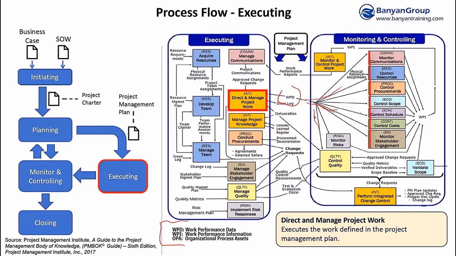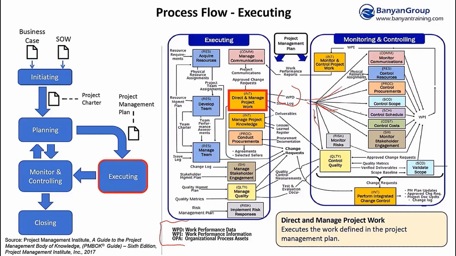Once we send it over to those processes, they'll take that raw data and start to compare it against the baselines and what our plans said we were supposed to do, right? And they start to measure our performance. Each one of those processes over in monitor and control has a different perspective. Some are saying, okay, how much are we actually spending compared to how much we should have spent?